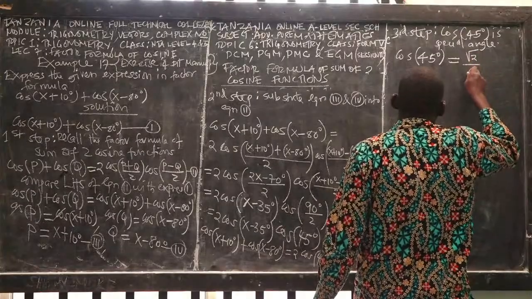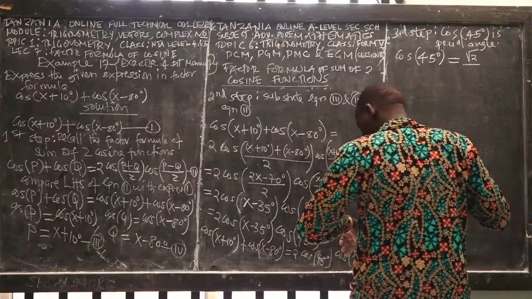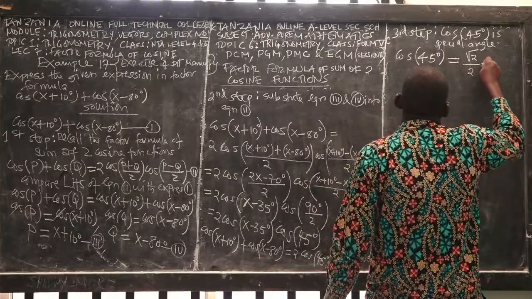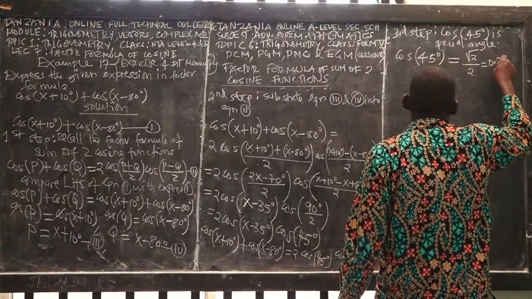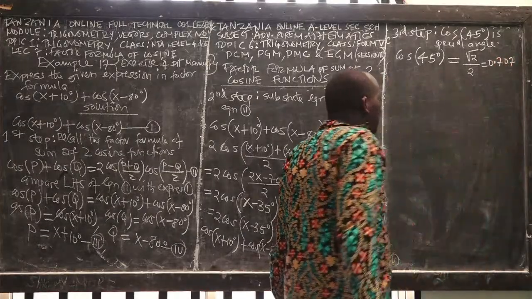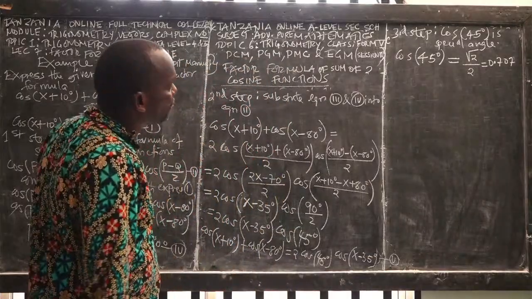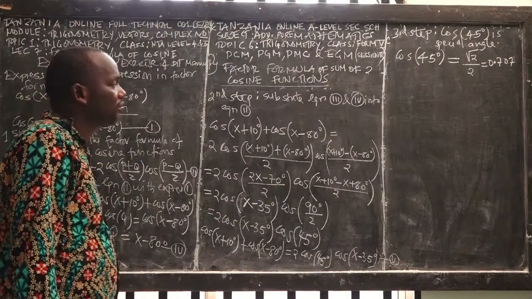In terms of radical, cos of 45 degrees equals what? Under root of 2 over 2. In decimal, it's 0.707. You may use your scientific calculator, or you may just remember what we taught you in trigonometry form 2, especially when we dealt with special angles.